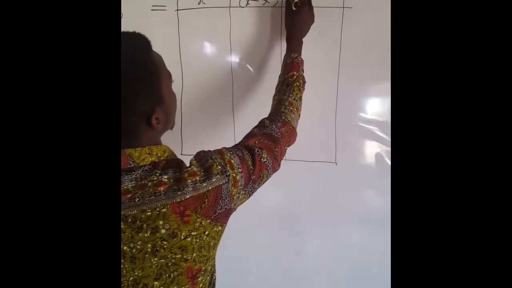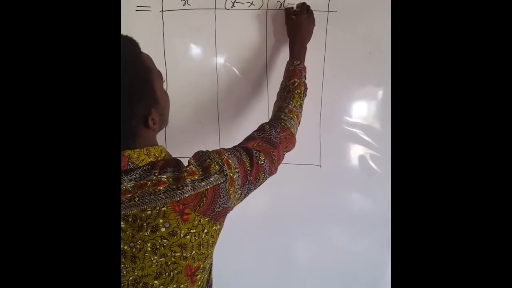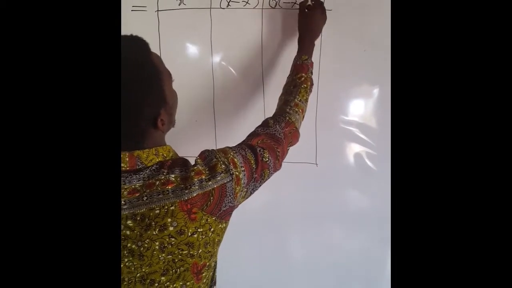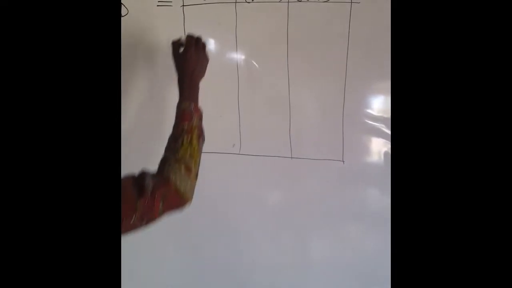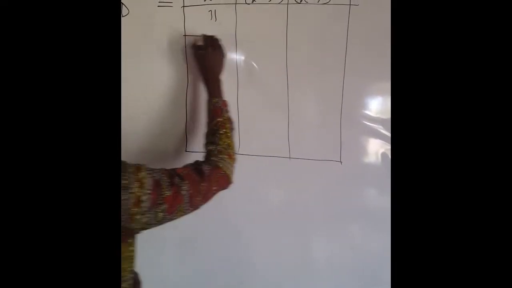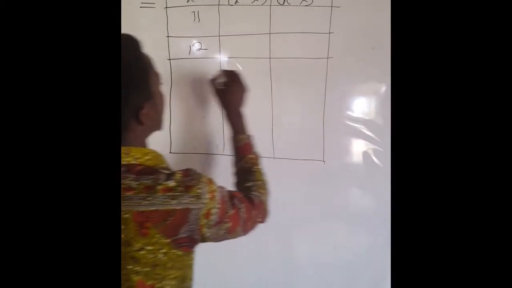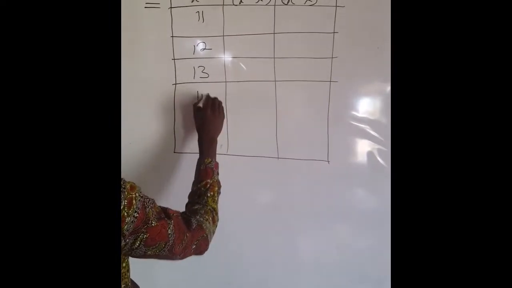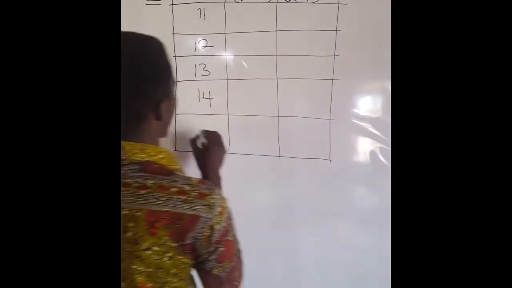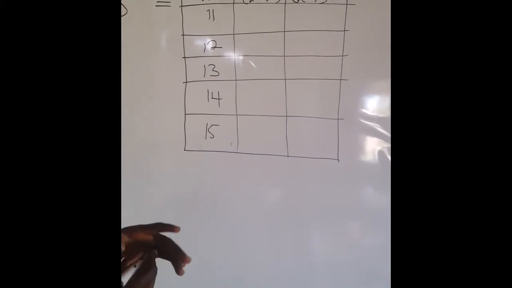Then the last one will be x minus x bar all squared. So our x are the elements. So elements, we have 11, we have 12, we have 13, we have 14, the last one is what? 15.